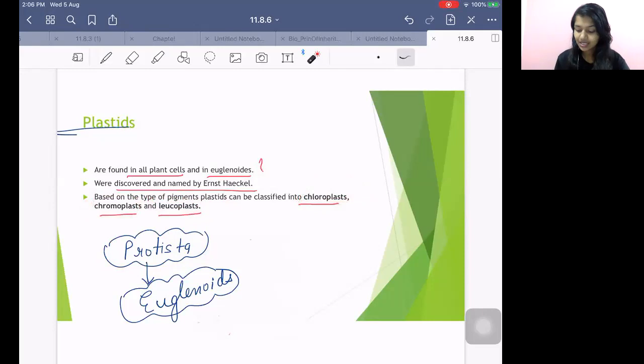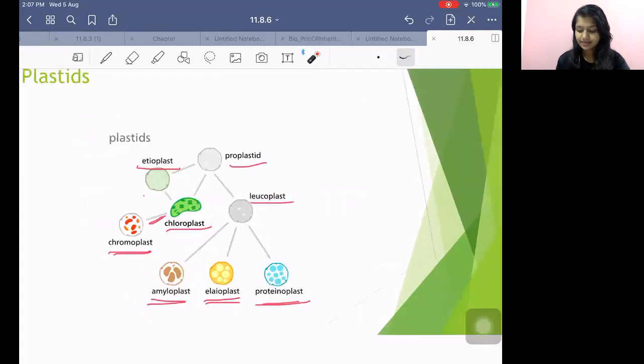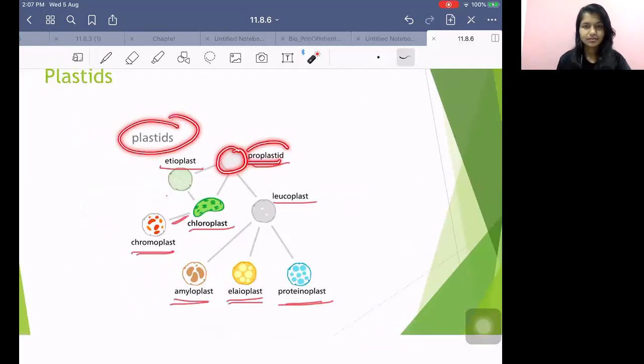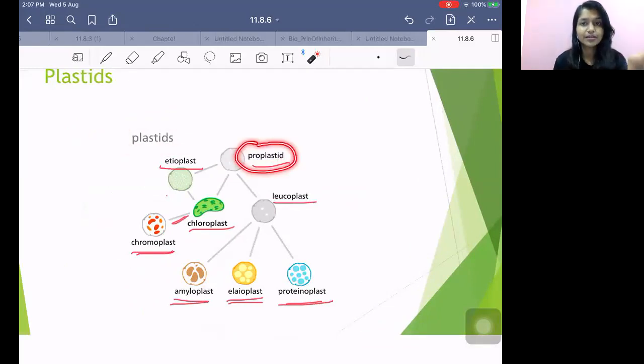Now the thing is, when is it chloroplast, when chromoplast, and when leucoplast? That you should be knowing. So first of all, let's say this is plastid, proplastid, before plastid. Now this plastid is going to get modified into several other structures.